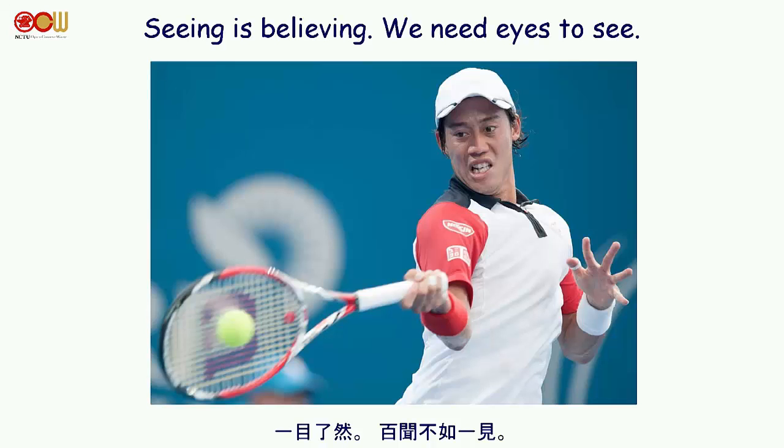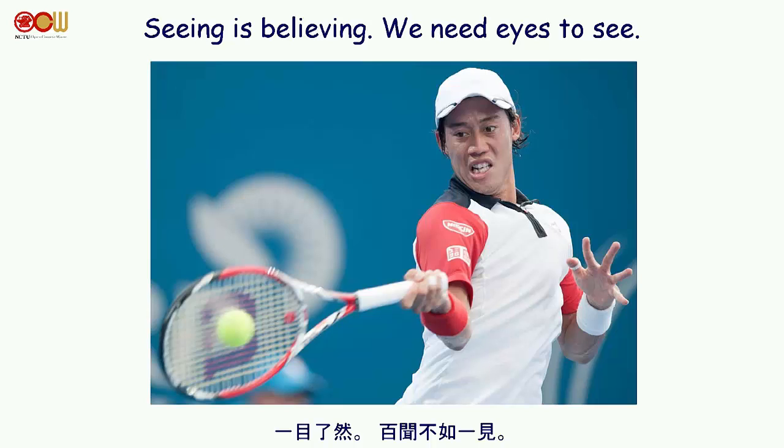The first slide I'm showing you is this one. And this is a Japanese tennis player, Kei Nishikori. Maybe some of you know him. And I like to play tennis very much. And what I'm going to tell you here is that seeing is very important.